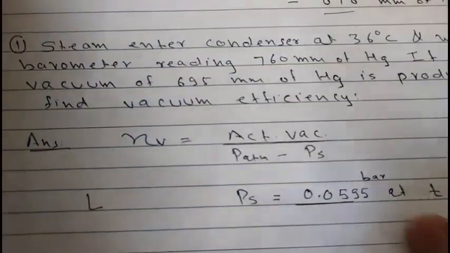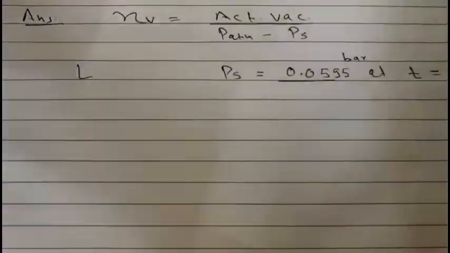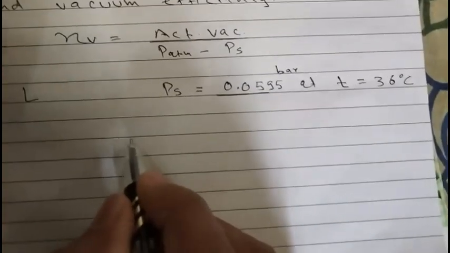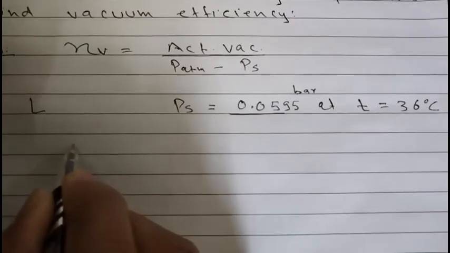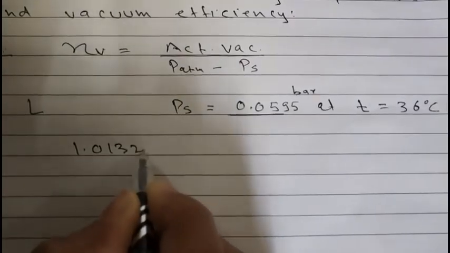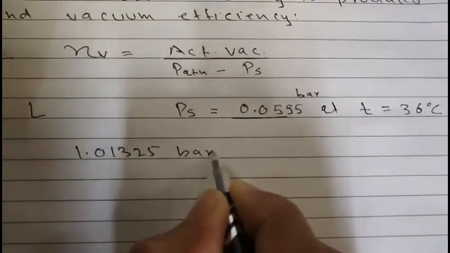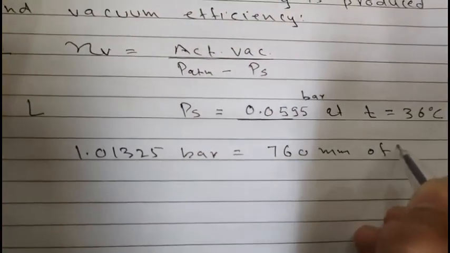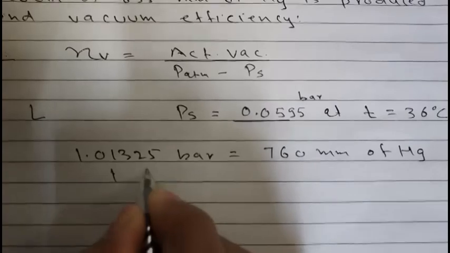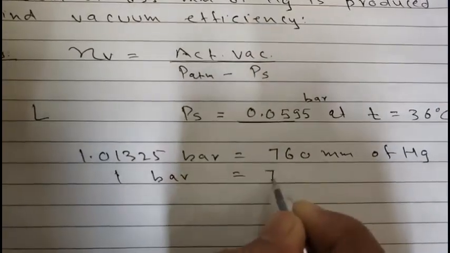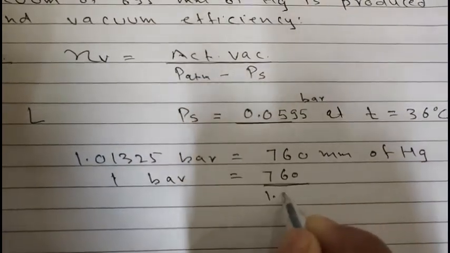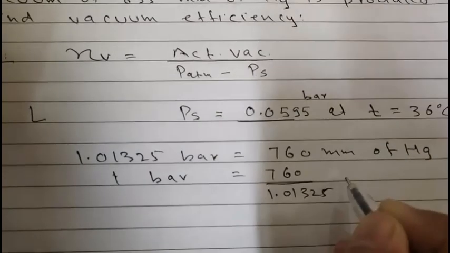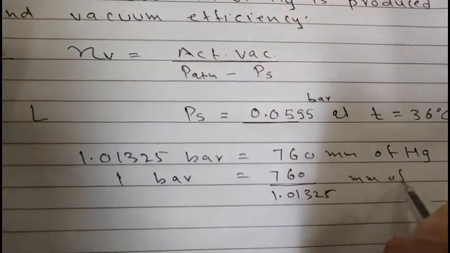Now we will convert this partial pressure of the steam into mm of Hg. We know that 1.01325 bar is equal to 760 mm of Hg. So 1 bar is 760 upon 1.01325 mm of Hg.